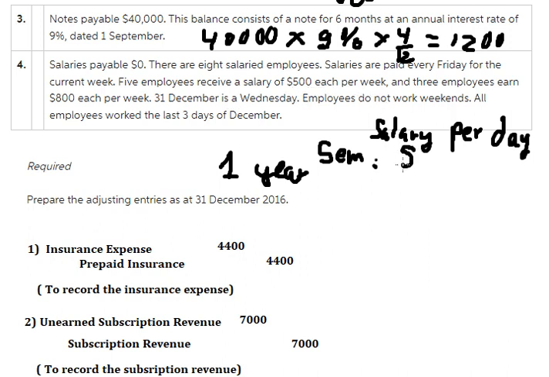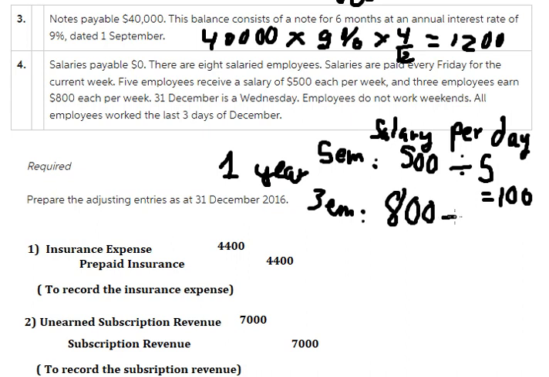Now we need to divide by 5 days. So you got about 100. And 3 employees in here, that is about 800. Now we need to divide by 5 days, and you got about 160.